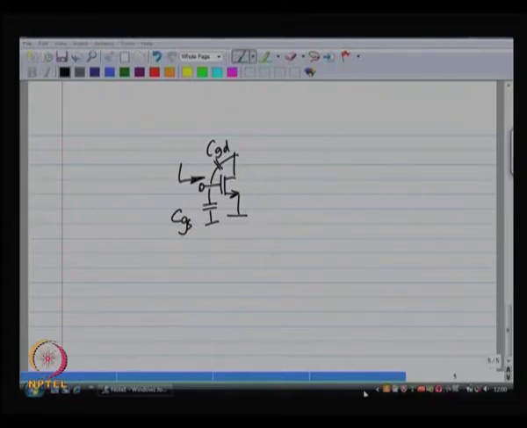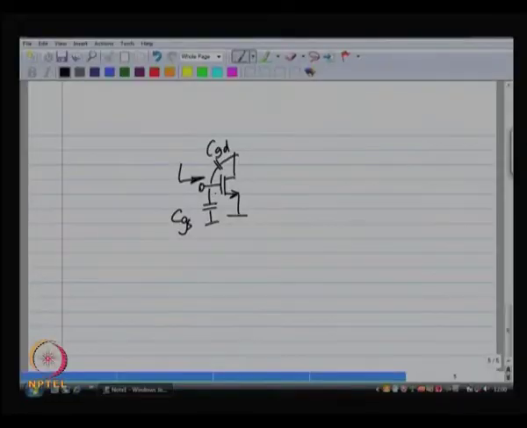So, that is how the input is going to look like. As far as the gate itself is concerned, the gate itself is a perfect insulator. So, the resistance is infinitely large looking inwards further. So, this way the resistance is infinitely large. You have got some gate to channel capacitance, gate to drain, gate to source capacitance. Okay.